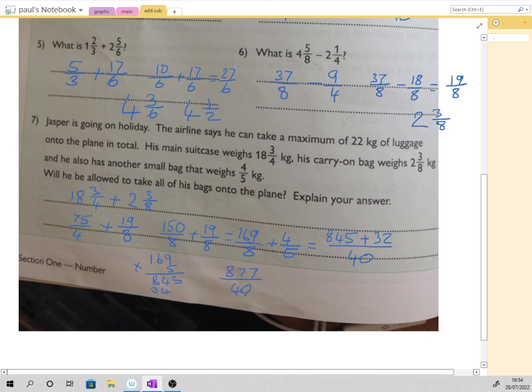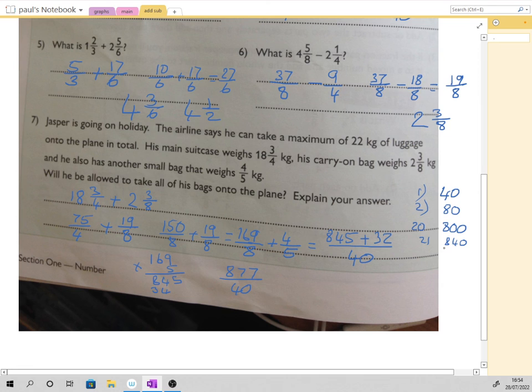Right, now let's have a look. The 40 times table. 40, that's 1. 2 of them would be 80. So 20 of them will be 800. Okay, so let's work from there. So 20, 21 will be 840.